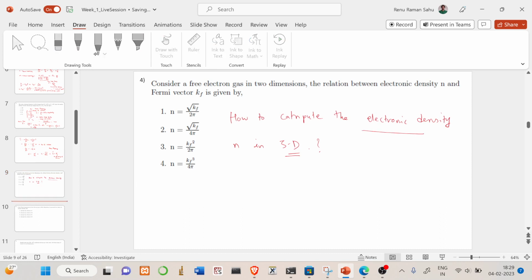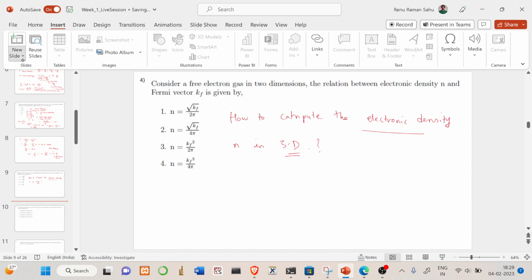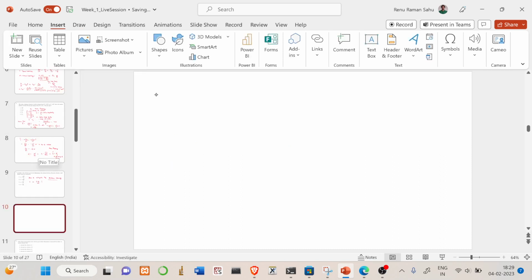The first thing we have to do is count the number of electrons in a metallic volume. So how do we do that?